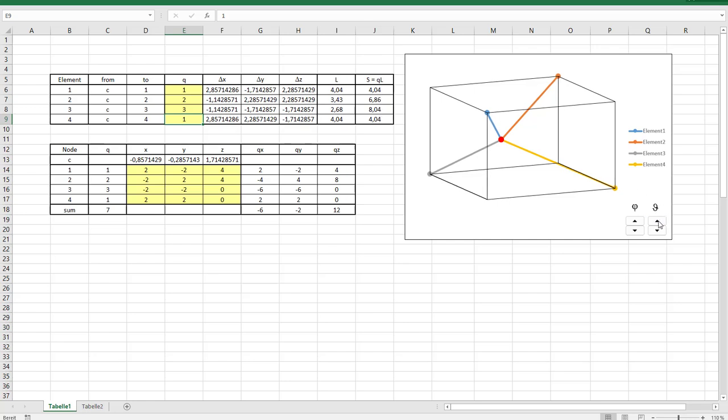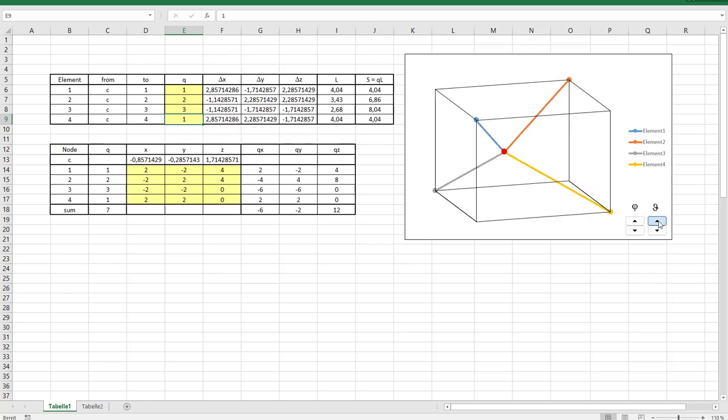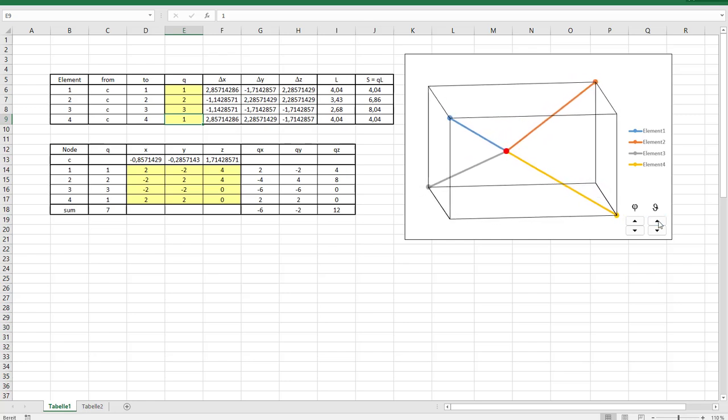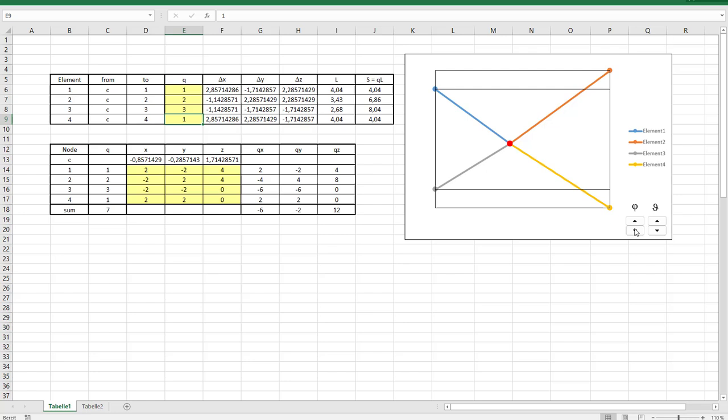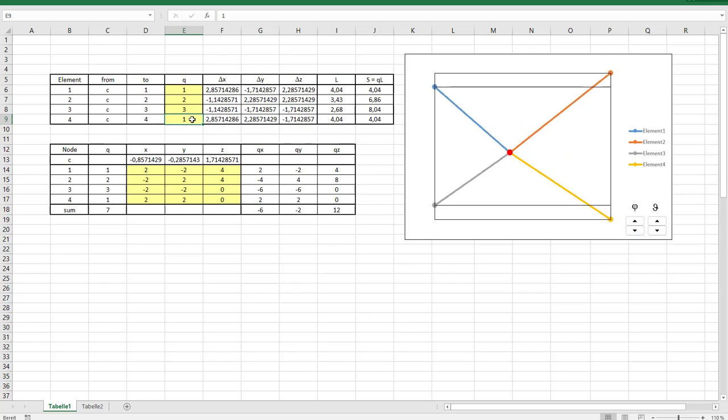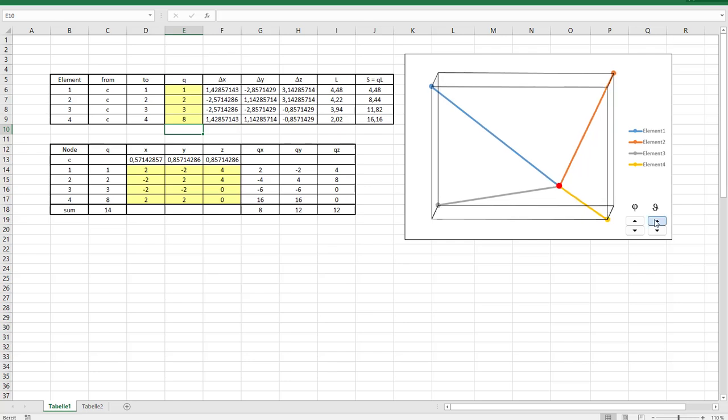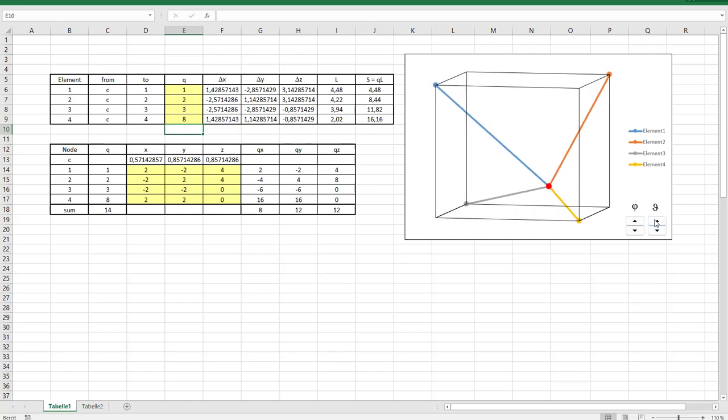We may walk around here a little bit if you like. The figure is jumping because of the change in scale. Let's look more from the side. And let's pull a little bit more for element number 4. Let's take a really large value. Wow, so that's how it's pulled in that direction. We can walk even more around.